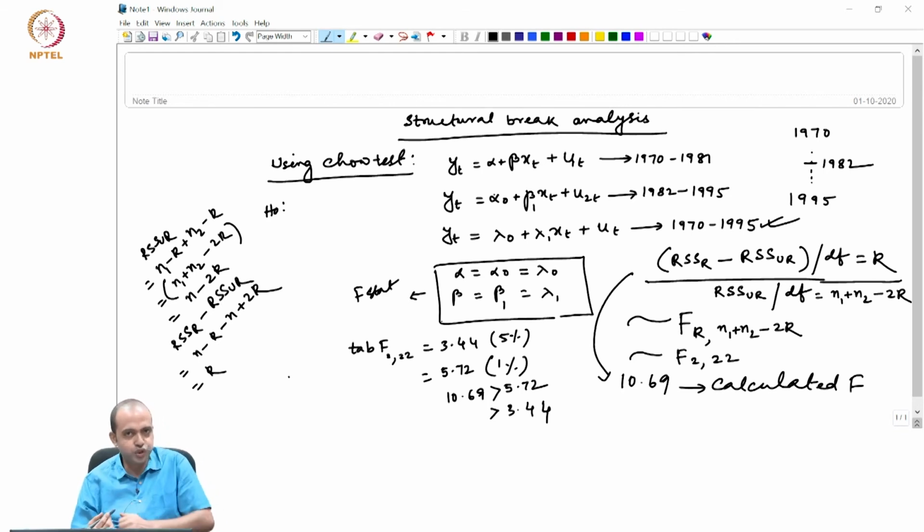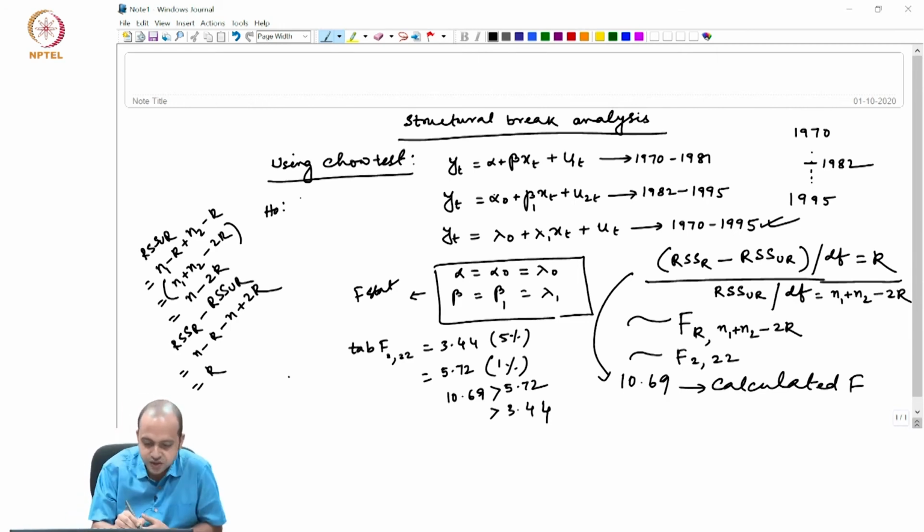The pre and post recession period can be modeled by one single equation. So, both the intercept and the slope coefficients are the same. So, this is rejected. No structural break is rejected.